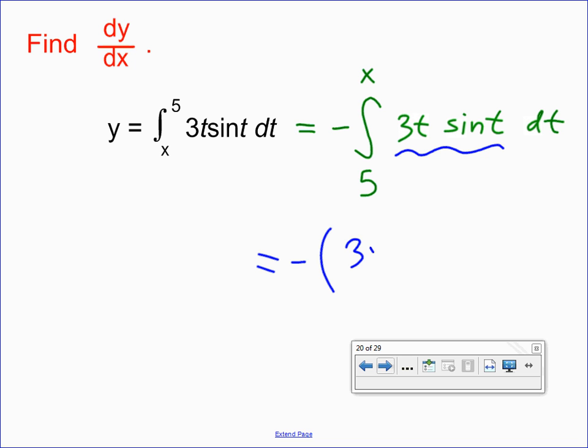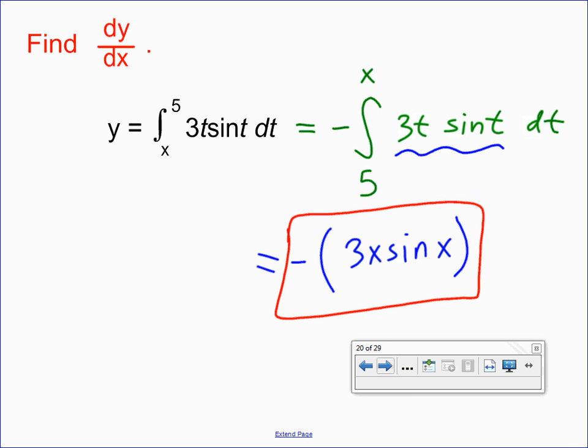So that would be 3x sine of x. And now we'll multiply by the derivative of the upper limit. Oh, this wasn't even a chain rule. The derivative of x is just 1, so I don't need to include any derivative of that upper limit, because it's just 1. So my final answer would be negative 3x sine of x. In the interest of time, I'll just box that instead of rewriting without parentheses. There's dy dx.